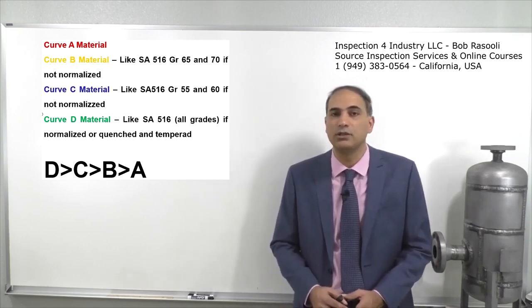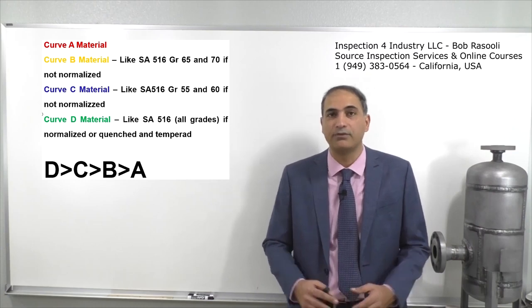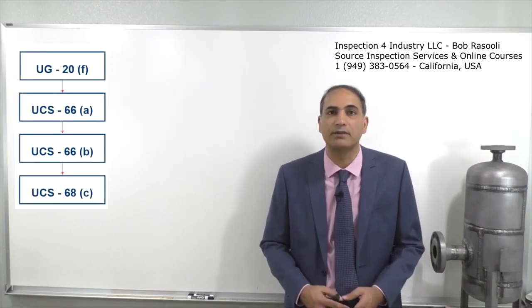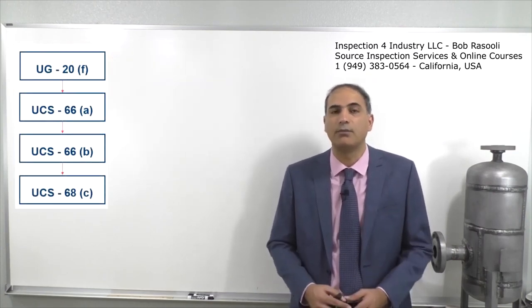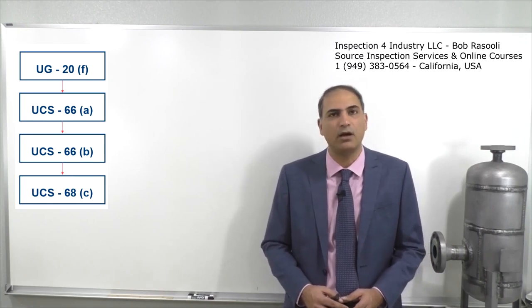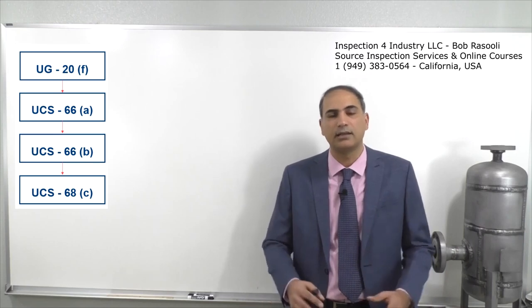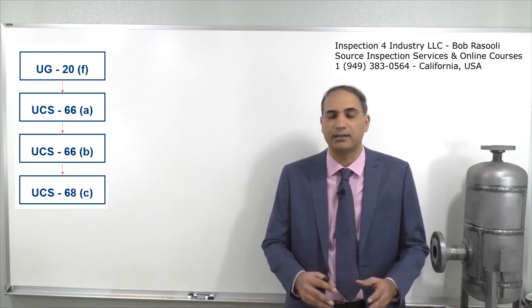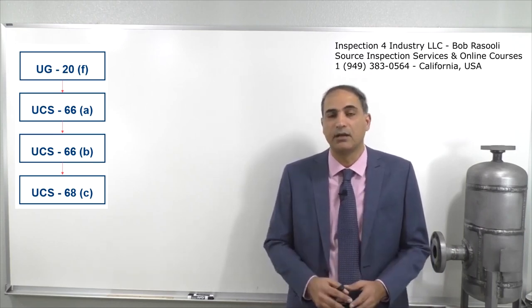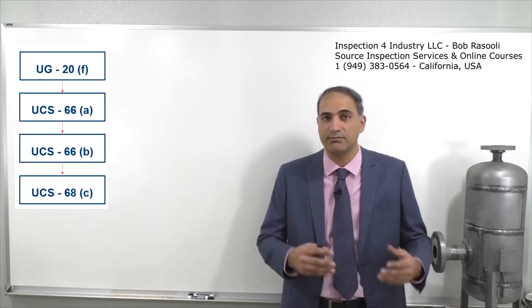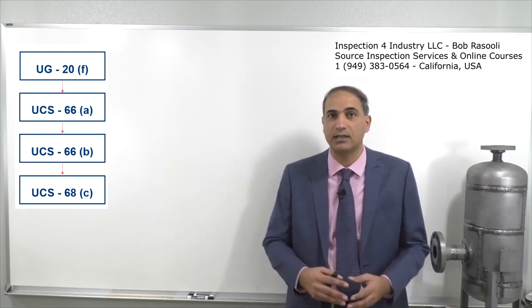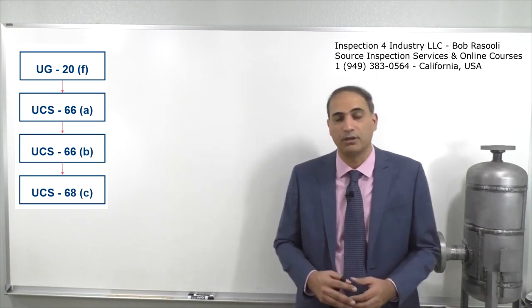The process, as you can see, is on my right. First, we go to UG-20(f) and assess to see if our pressure vessel is exempted from impact testing. If we are exempted, we stop the assessment, and we indicate in the design documents that the impact testing is exempted for this pressure vessel with this minimum design metal temperature, this thickness, and this material.